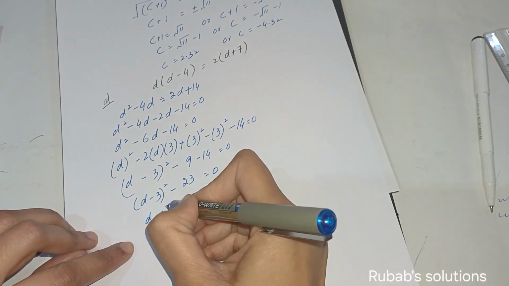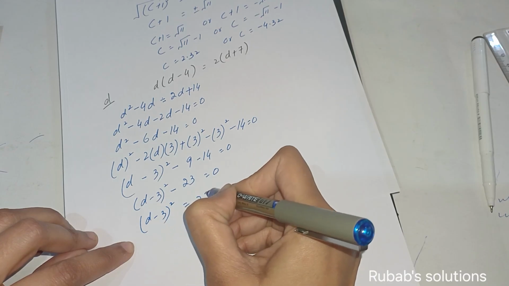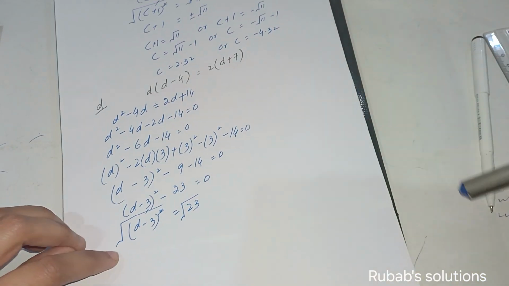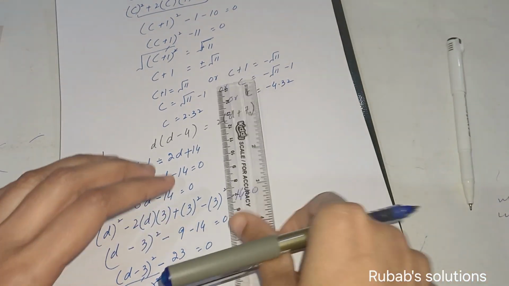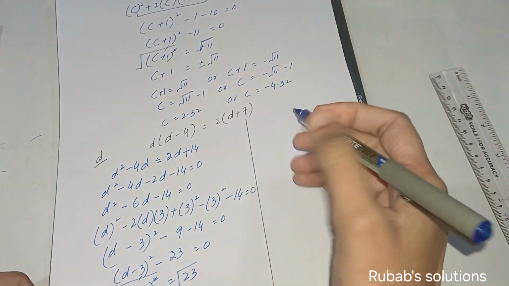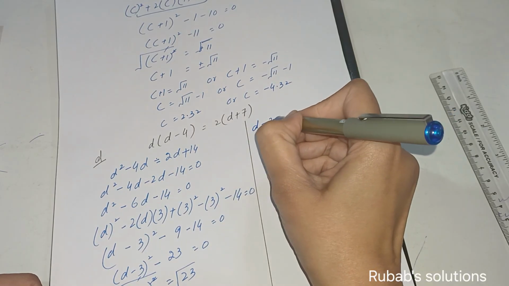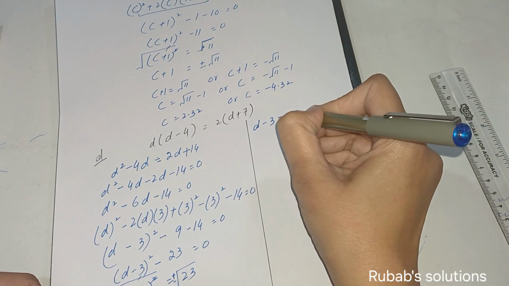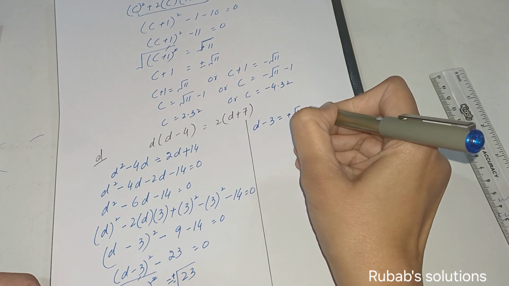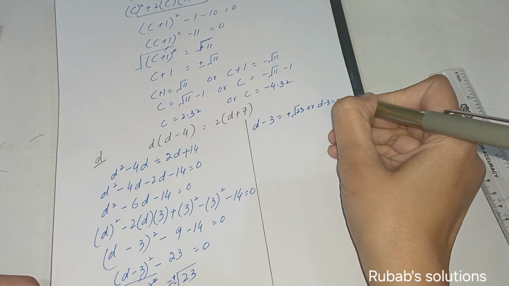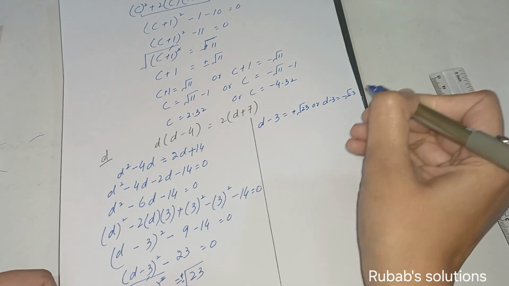(d minus 3) whole squared is equal to 23. Taking the square root on both sides, one time in plus and one time in minus. I want to complete this over here because it will keep the flow. So d minus 3 is equal to plus or minus root 23. That is, d minus 3 is equal to plus square root of 23, or d minus 3 is equal to minus square root of 23.